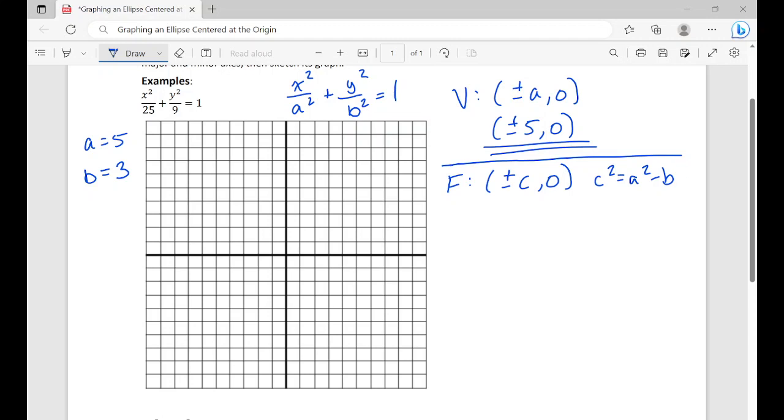And so I can plug in a and b, so c squared equals 25 minus 9, which is 16. c squared equals 16, so c is going to equal plus or minus 4. So the foci here are going to be at plus or minus 4, comma, 0.